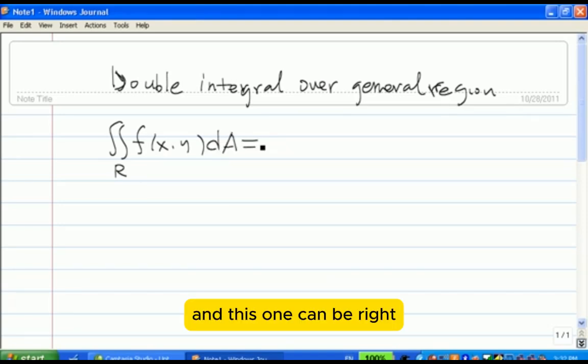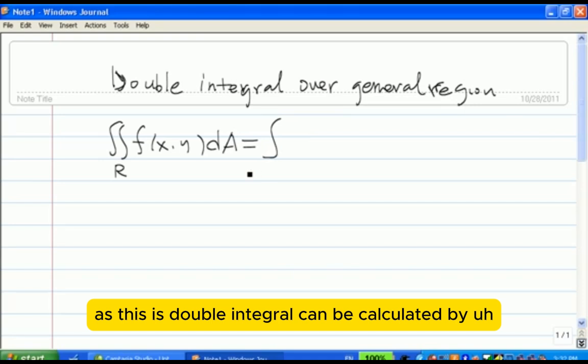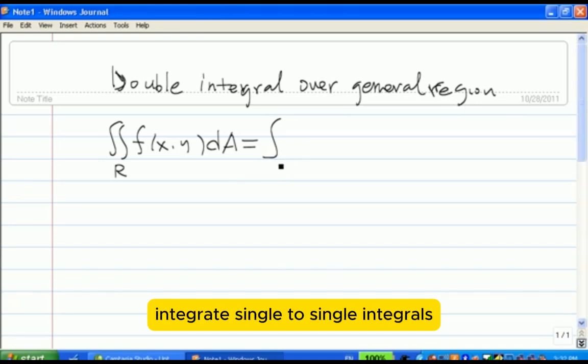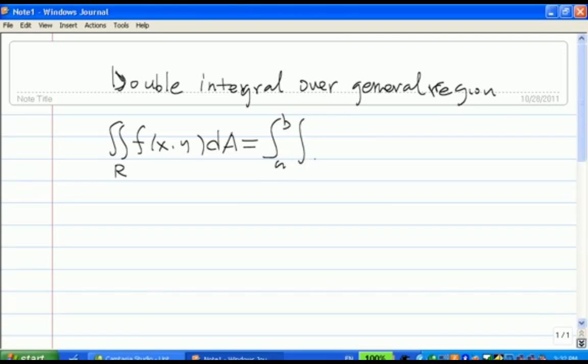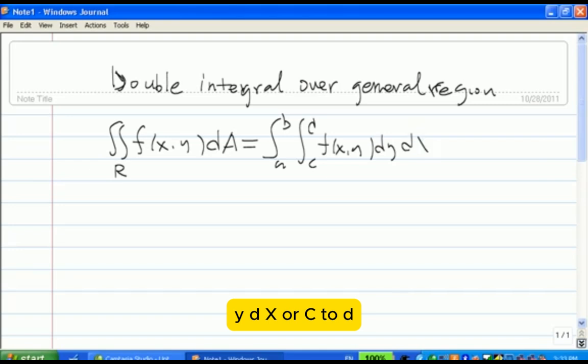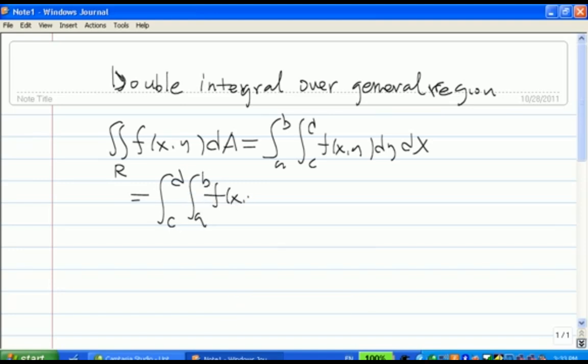This double integral can be calculated by integrating two single integrals: the integral from c to d of the integral from a to b of f(x, y) dx dy, or the integral from a to b of the integral from c to d of f(x, y) dy dx.